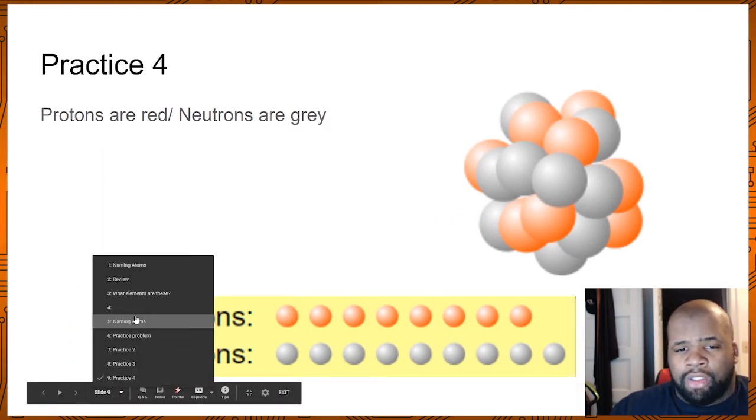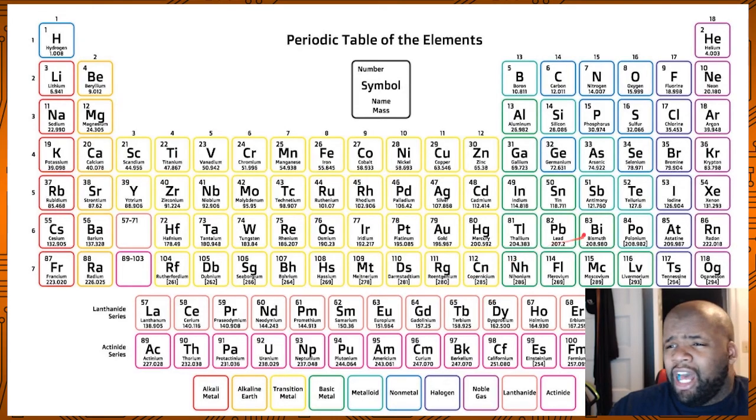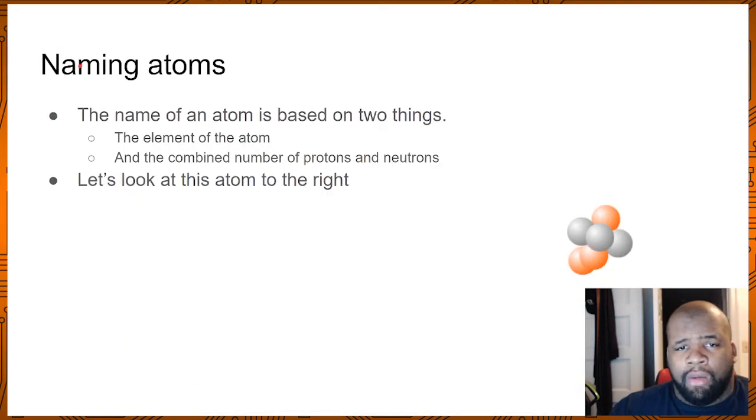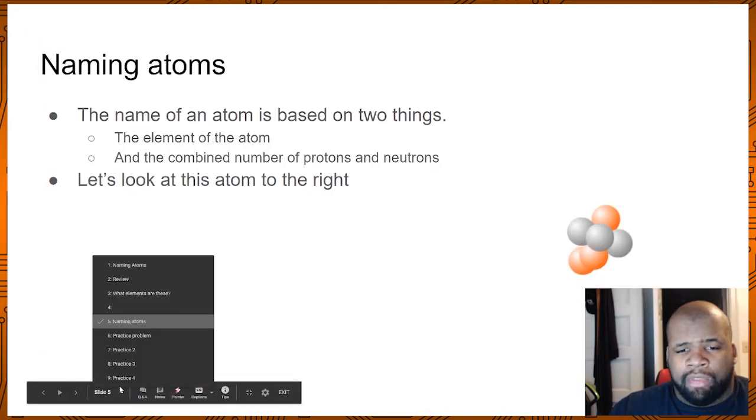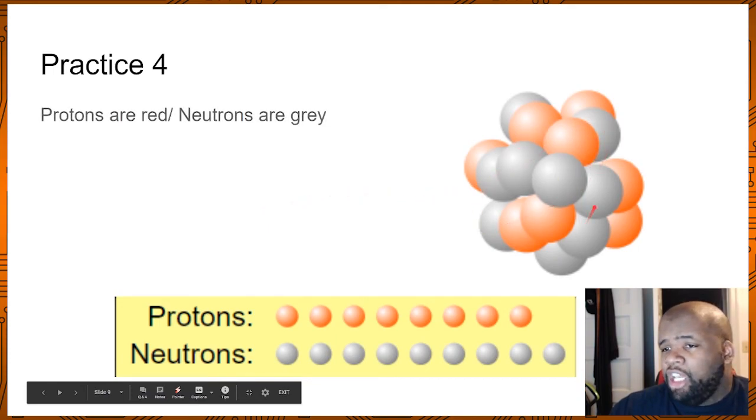So let us go all the way back to the periodic table. 8 protons. What element has 8 protons? Gosh, this one. Oxygen. Oxygen has 8 protons. Okay, good to know. So, that being said, we know that oxygen has 8 protons.